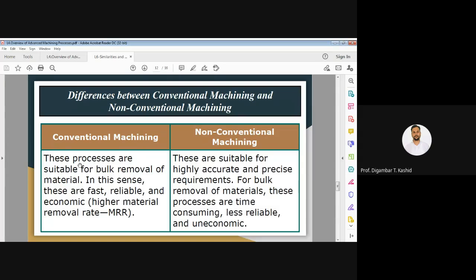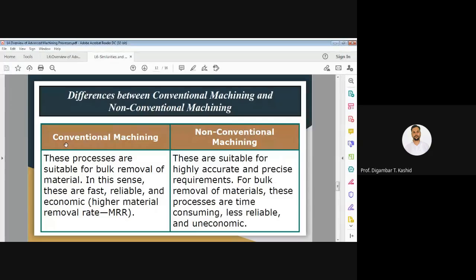Regarding non-conventional machining, these are suitable for highly accurate and precise requirements, so that time we can use our advanced machining process. For bulk removal of the material, these processes are time consuming, less reliable and uneconomic.